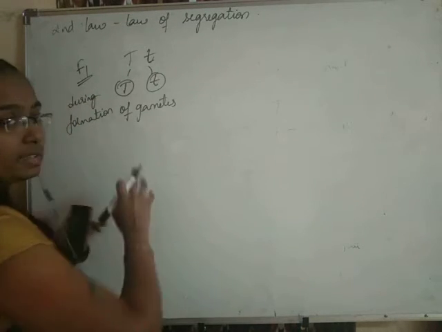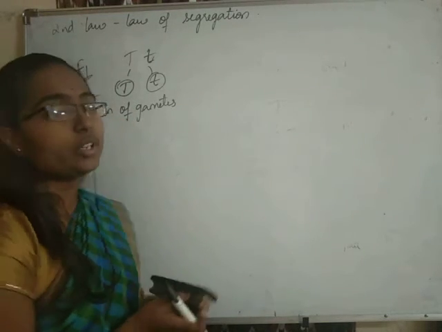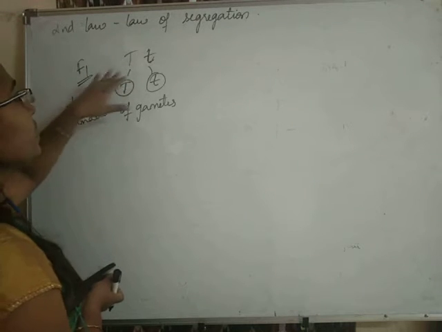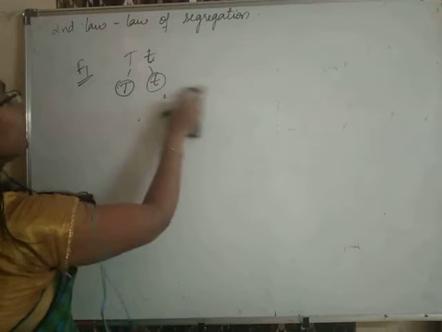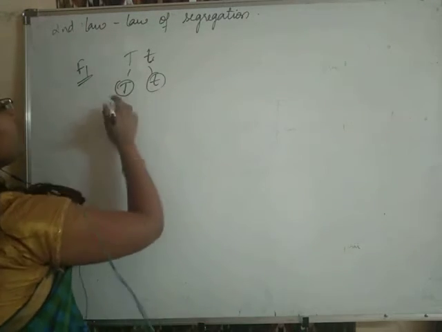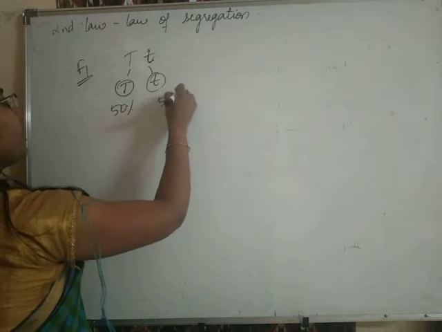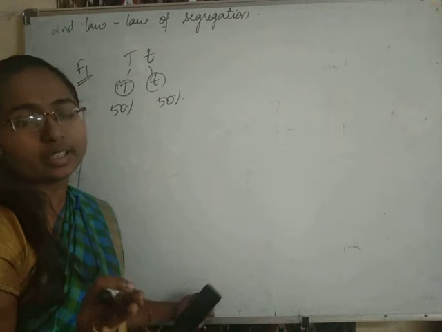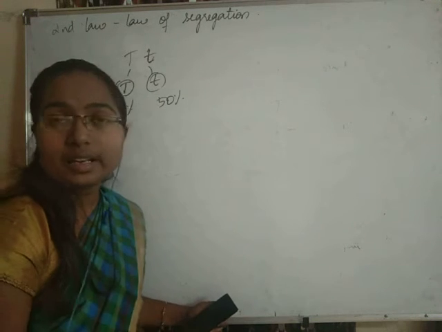They don't get mixed. During formation of gametes, capital T will go into 50% of the gametes and small t into the other 50%. Other than that, there is no mixing up of characters. That is why we are not able to see intermediate heights.